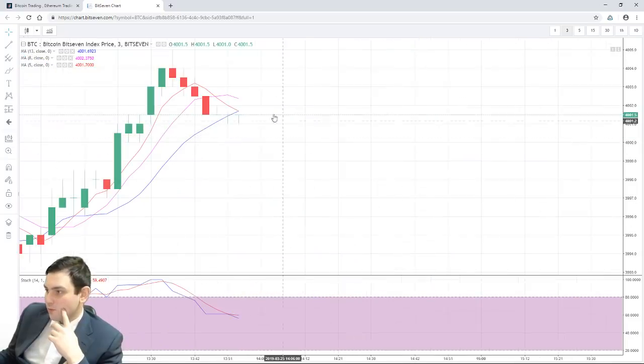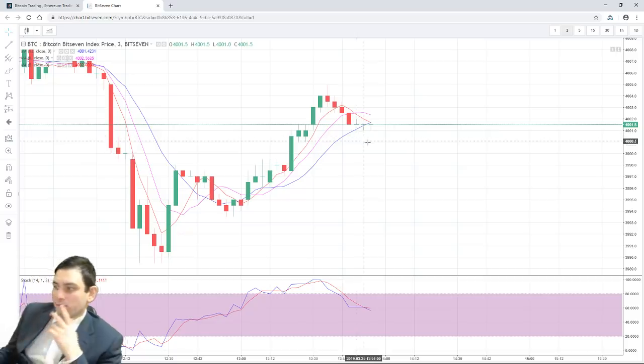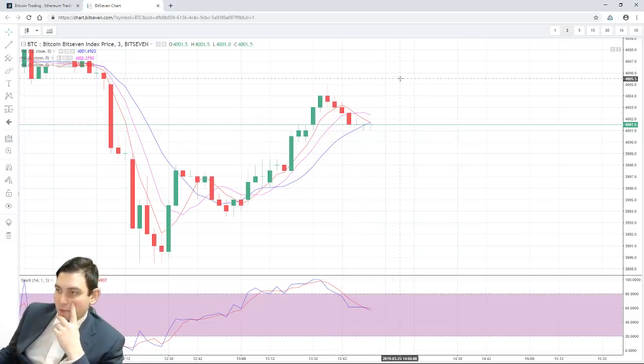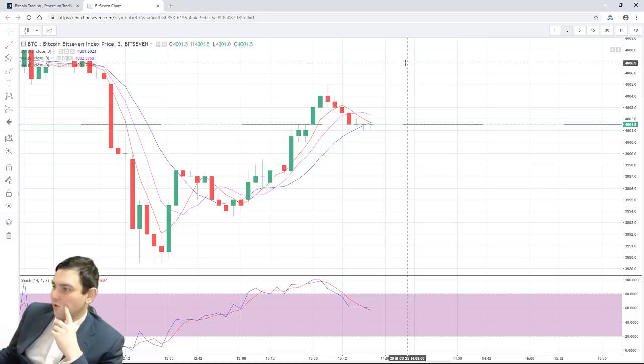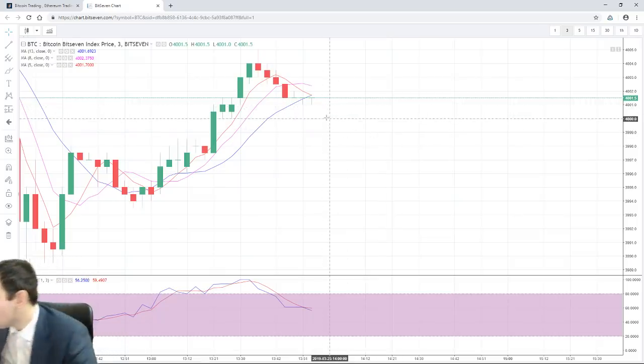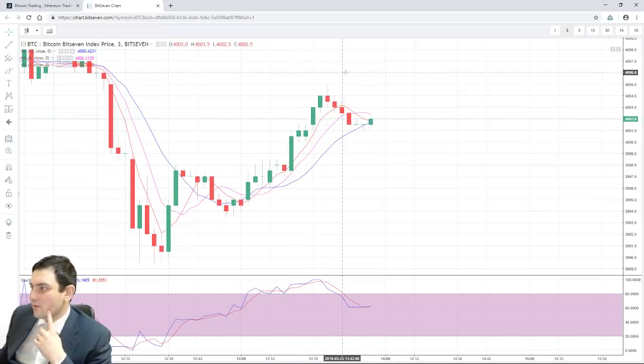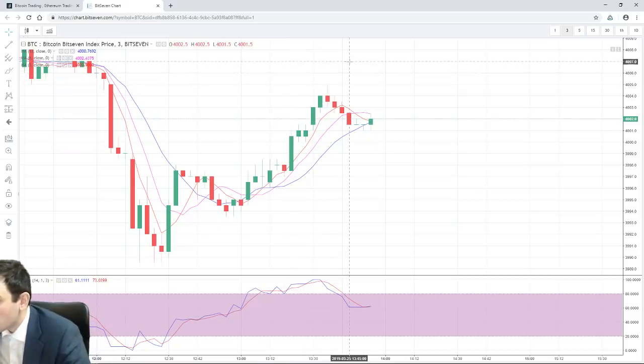So let's have a look. For example, if it goes up, then we expect it to go through that level, or maybe touch it and bounce down. And how much do we have from that line? This is 4001, and this is like 4006.